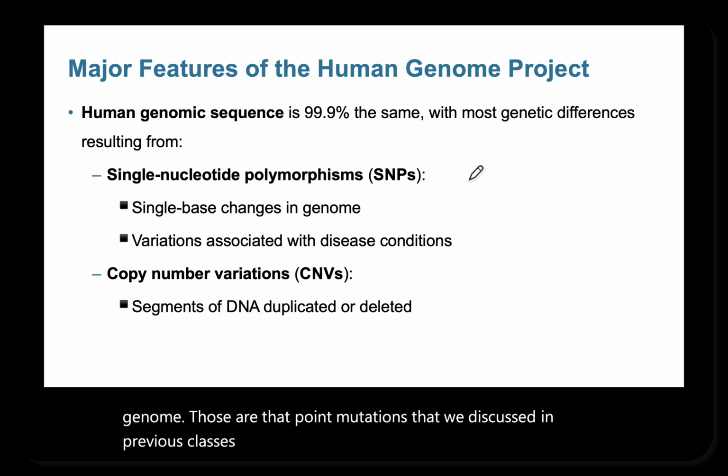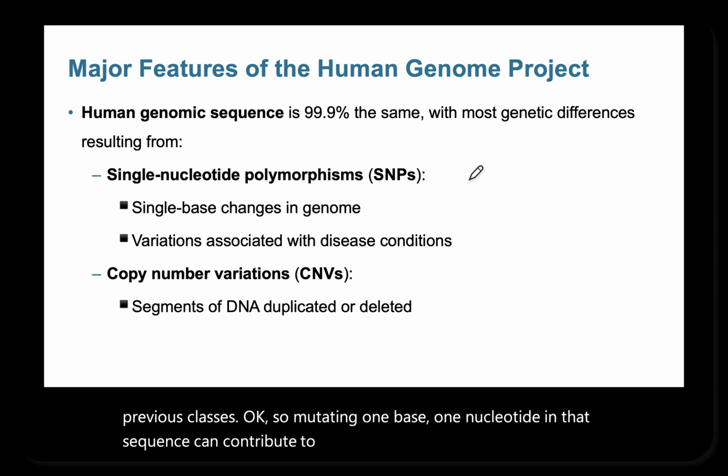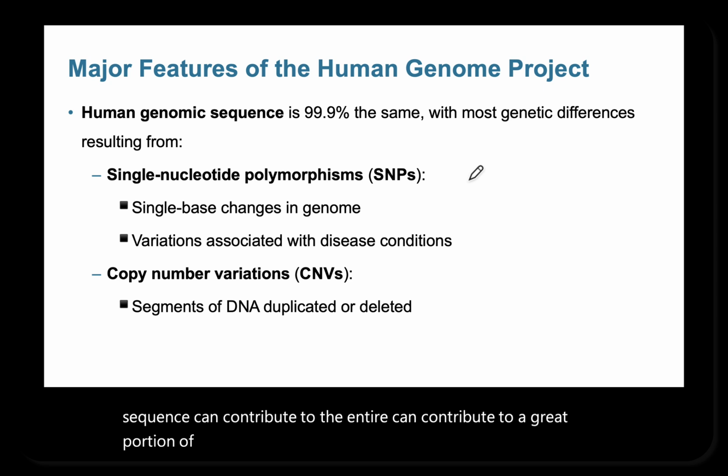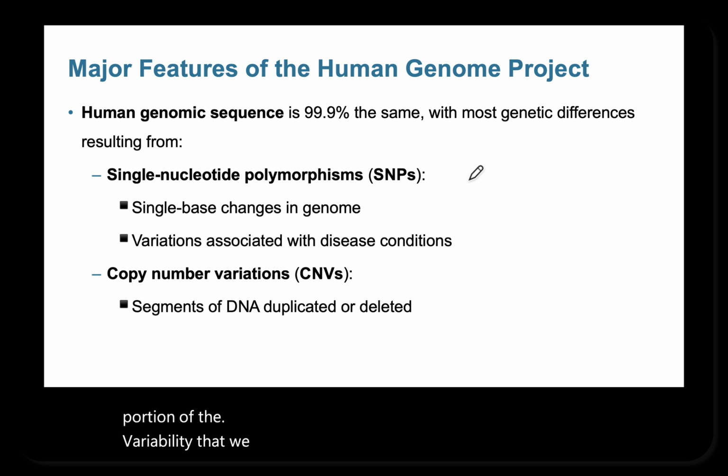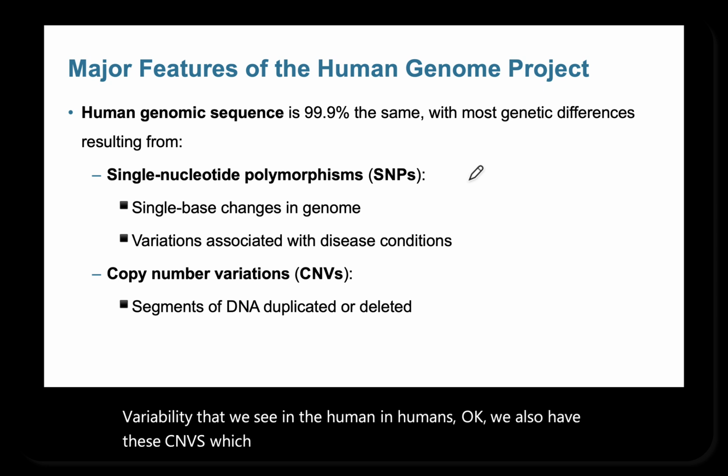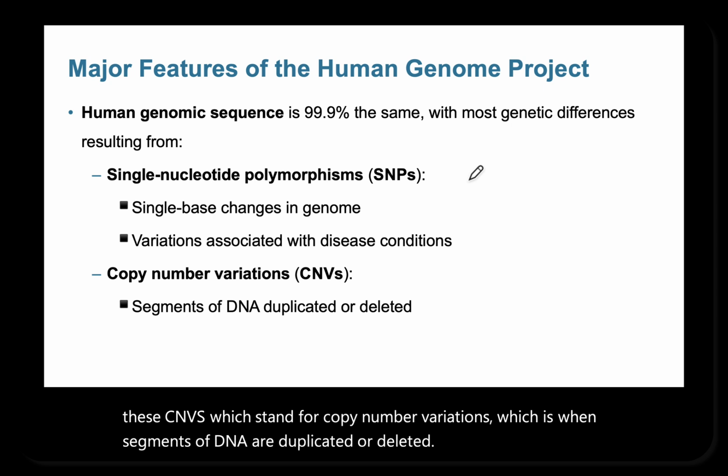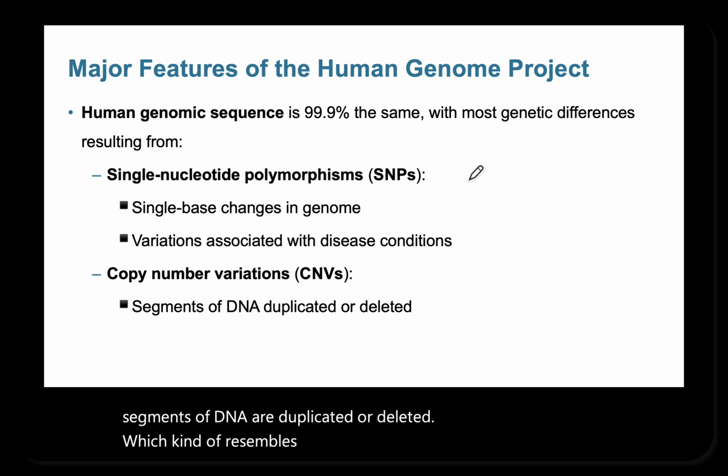So mutating one nucleotide in that sequence can contribute to a great portion of the variability that we see in humans. We also have these CNVs, which stand for copy number variations, which is when segments of DNA are duplicated or deleted, which kind of resembles that alternative splicing.